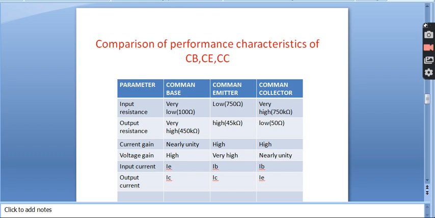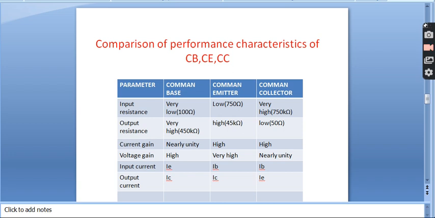Here we can consider mainly the input resistance, output resistance, current gain and voltage gain. From the current gain and voltage gain we have to note another parameter, that is power gain. In case of common base configuration, the power gain is high.